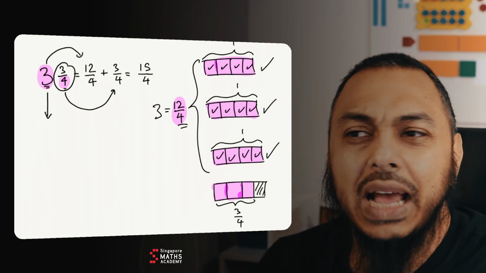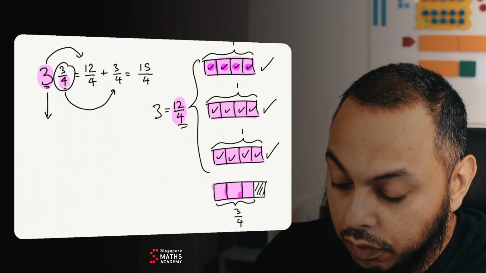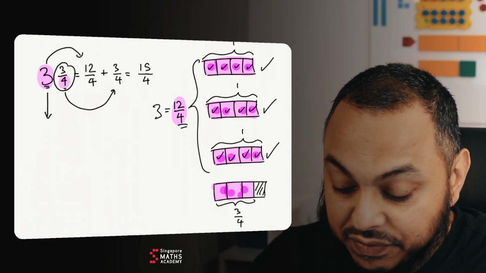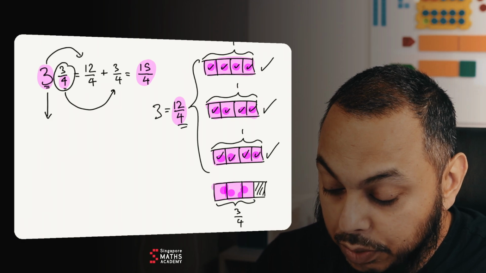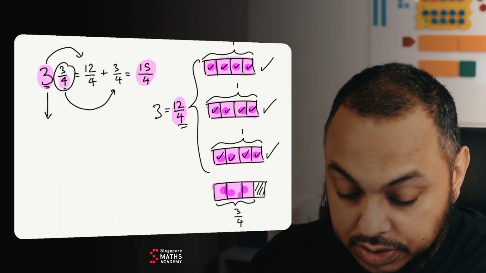And so all together, what do you see I have? Can you see? 1, 2, 3, 4, 5, 6, 7, 8, 9, 10, 11, 12, 13, 14, 15 quarters, just as we wrote down here. 3 3/4 is equal to 15 quarters.